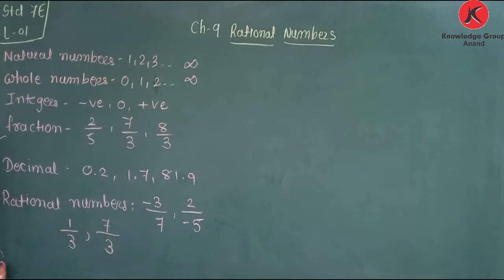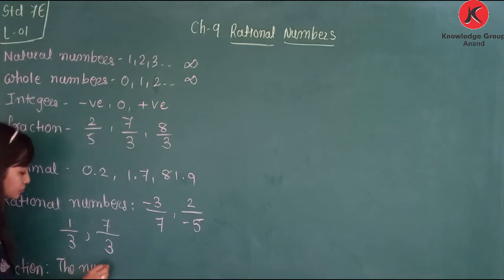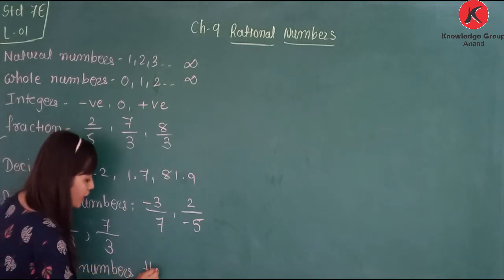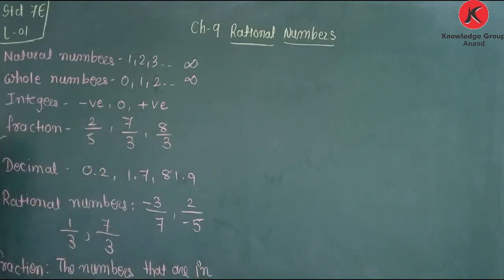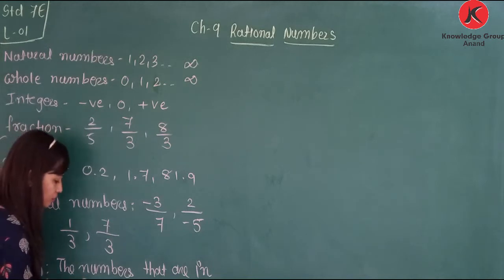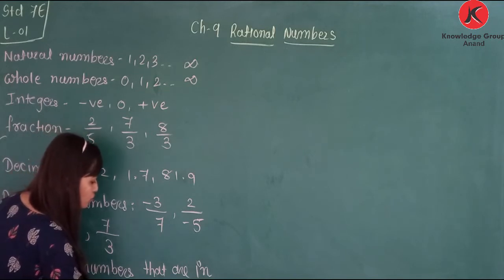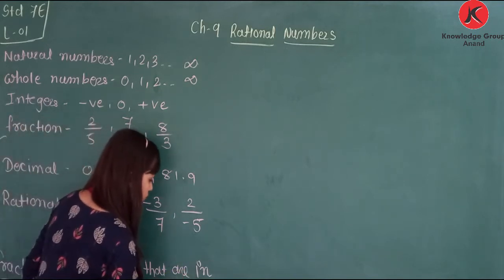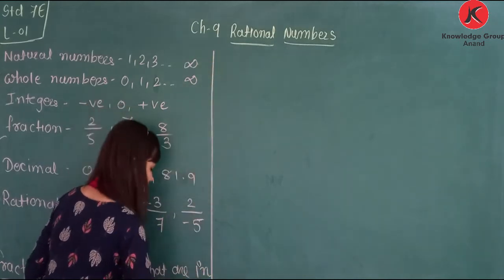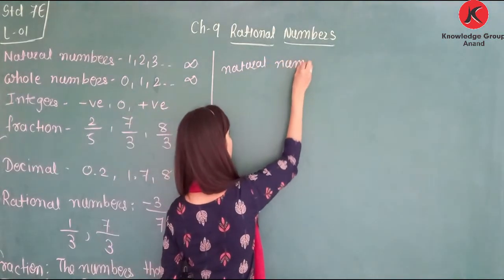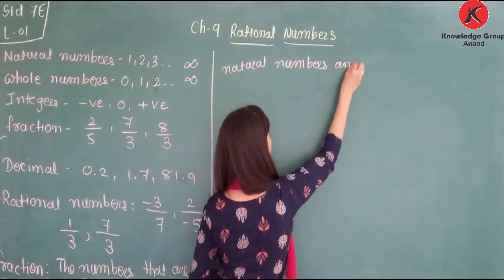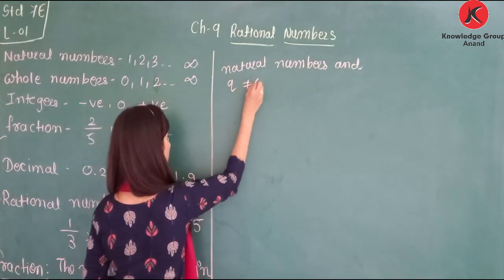In a fraction, if we write the definition of fraction, the numbers that are in the form of P by Q, where P and Q are natural numbers and Q is not equal to 0.